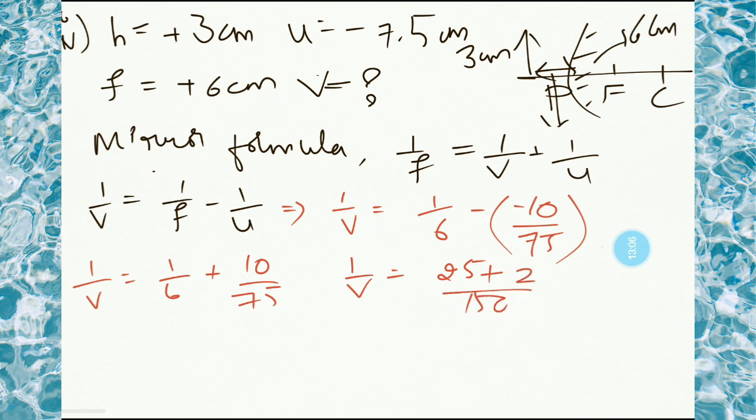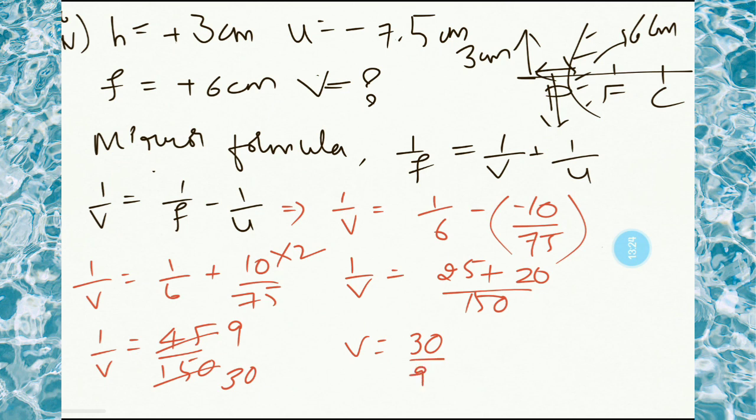So over 150. See, here I am multiplying with 2, right? So 10 into 2 is 20. That's 1 by v equals 45 by 150. Just cancel it down with 5. You will get 9 and 30 here. And v equals 30 by 9 when you invert it. So this is the answer, Option C. I hope you understood this question clearly.